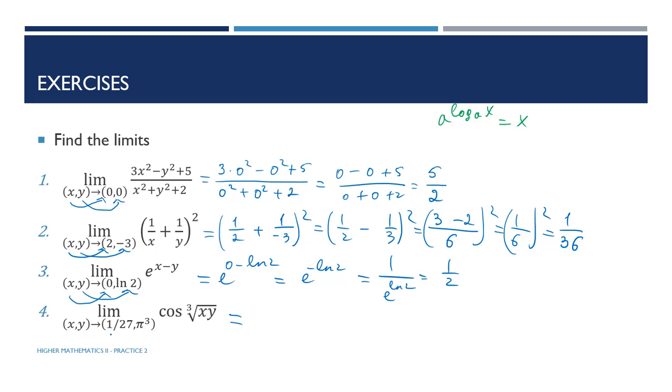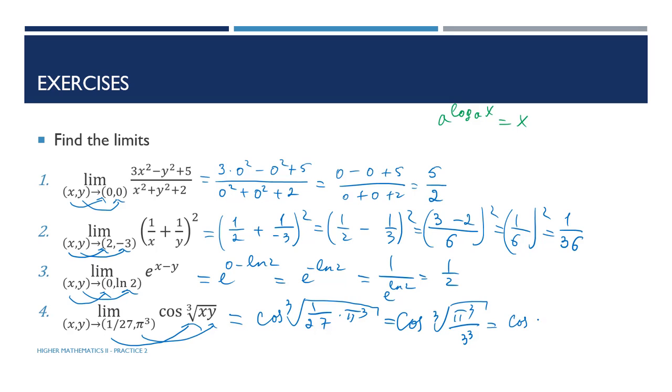Go for the fourth exercise. Write down 1 over 27 instead of x, and write down pi cubed instead of y. Cosine of the cube root of 1 over 27 times pi cubed equals, again, cosine of the cube root of pi cubed over 3 cubed.